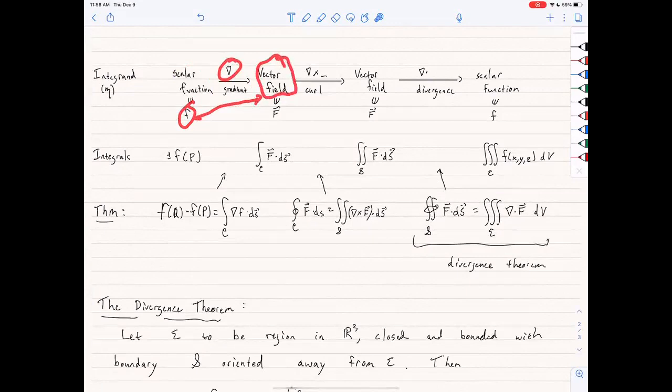That's what it means to be conservative. It's the gradient of some scalar function. What we learned last lecture was that if I take the curl of a conservative vector field, well, taking the curl is in some ways like taking the cross partials condition, and the cross partials condition on a conservative vector field is 0. What that tells us is that if I compose these two operations, take the gradient and then the curl, I get 0.